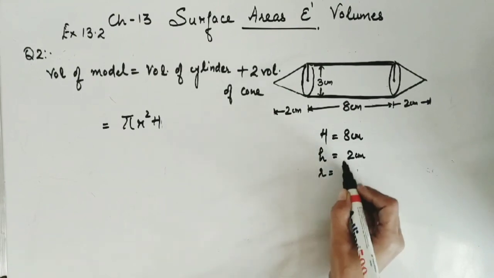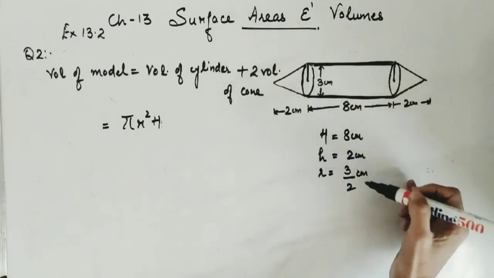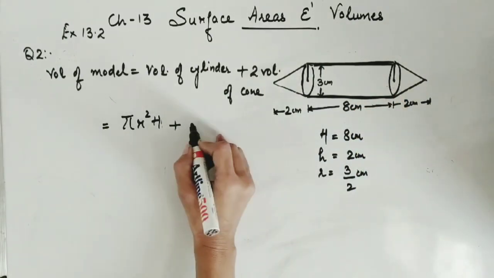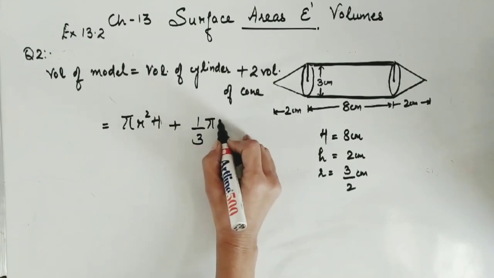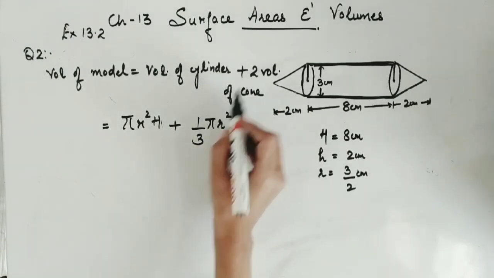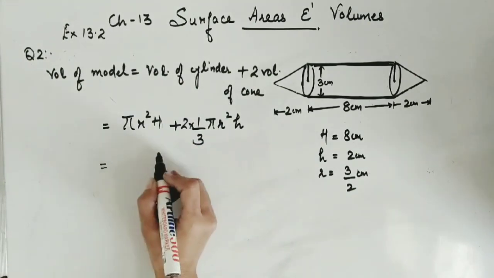The radius is the same for both, which is 3 by 2, since the diameter is 3. The volume of a cone is 1/3 of pi r square h. Since there are two cones, it's 2 into 1/3 of pi r square h.